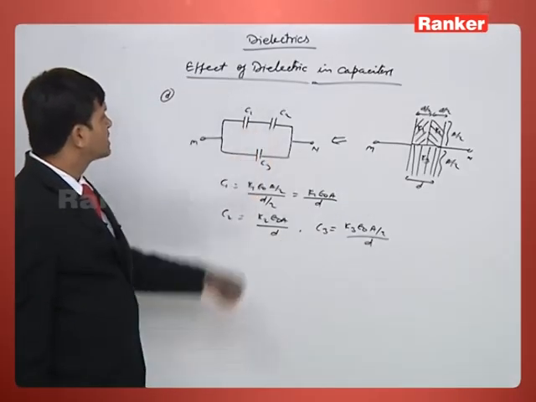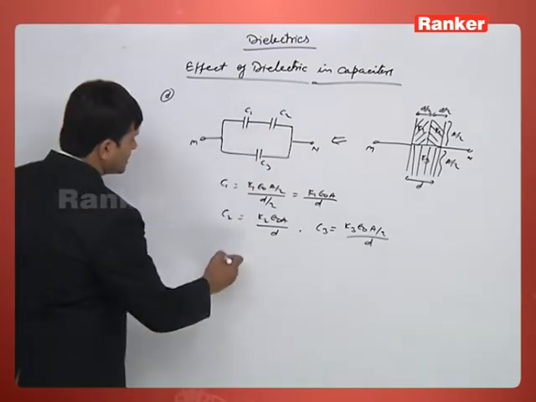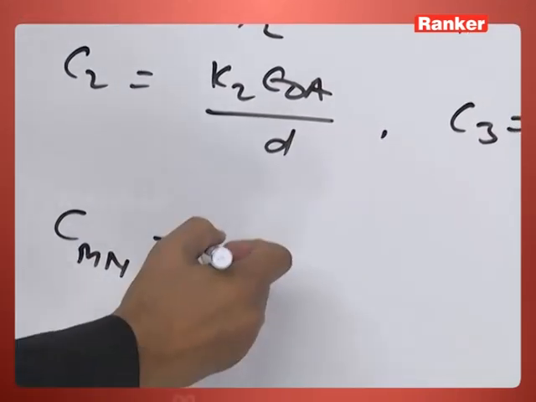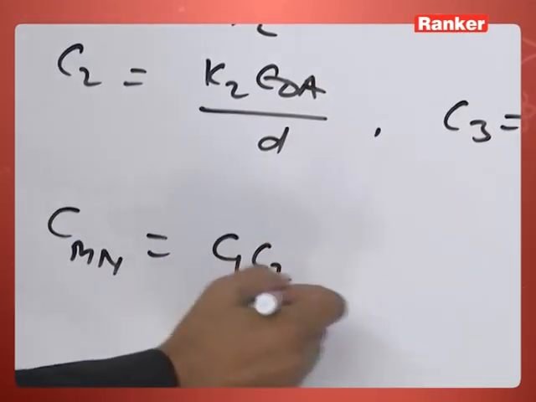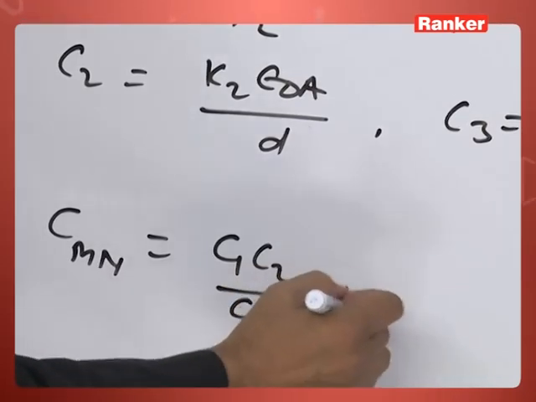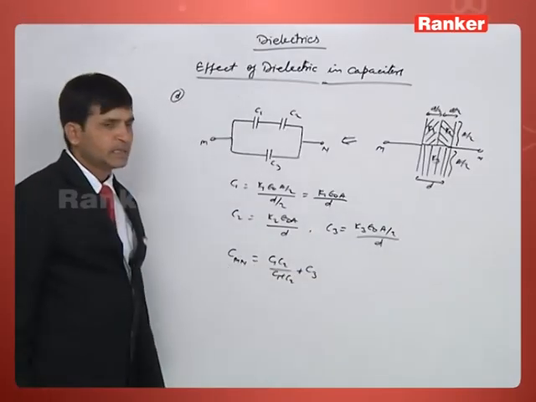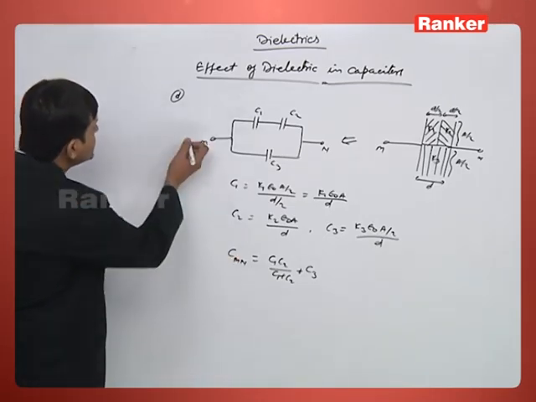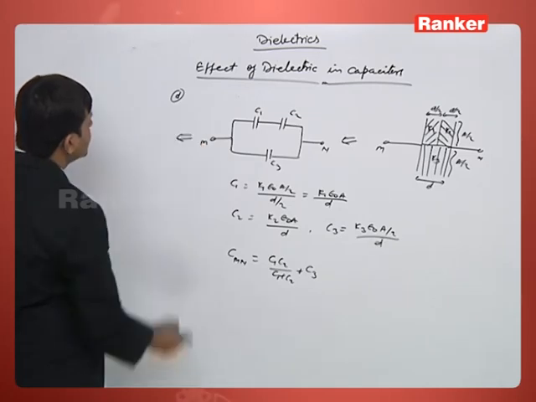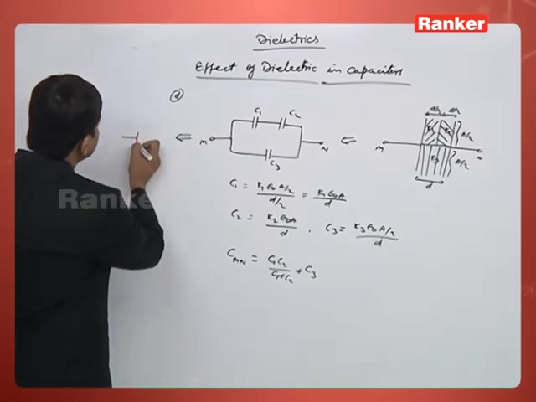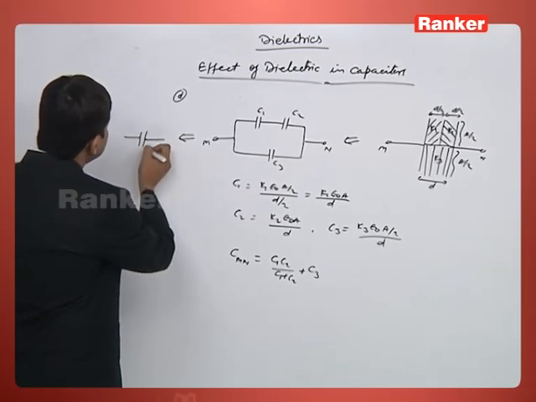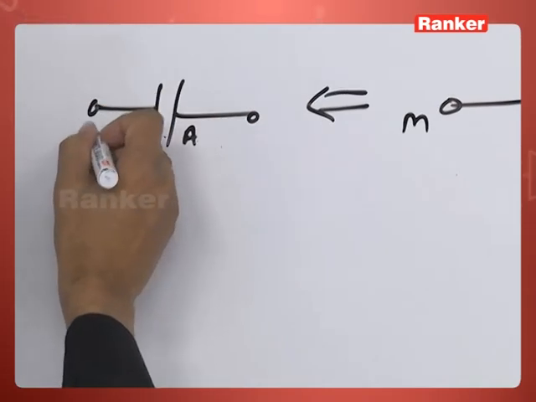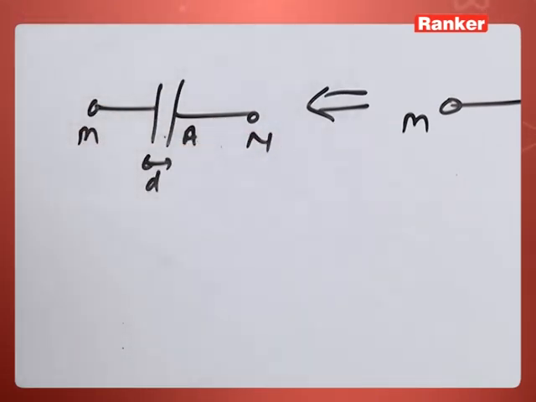And these two are now in series, then in parallel with C3, if we want Cmn. So this can be said as C1 C2 by C1 plus C2, plus C3. Likewise, sometimes they can ask, if this is equivalent to one capacitor of same dimension, A area, D gap, what could be the value of K equivalent?